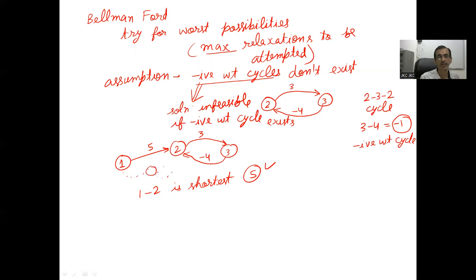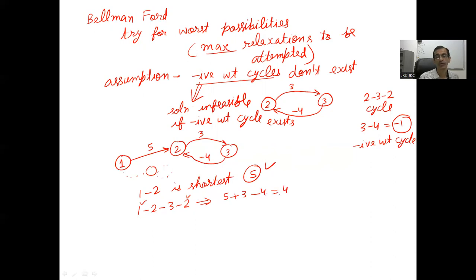But then it is possible to have the path 1, 2, 3, 2, which still reaches vertex 2 from vertex 1, with a total weight of 5 plus 3 minus 4, which becomes 4.